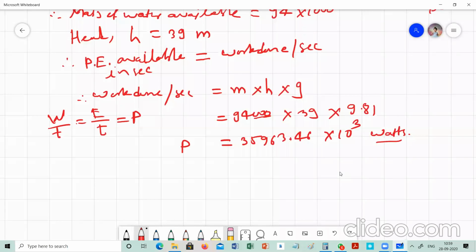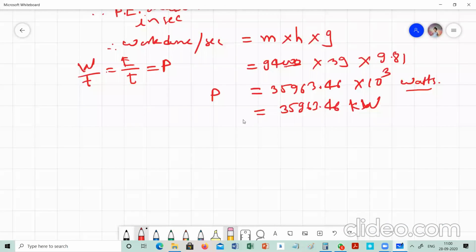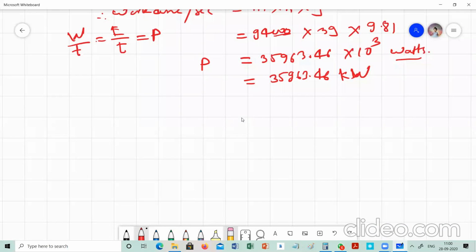So we have input power in watts, and we can convert it into kilowatt: 35,963.46 kilowatt. Now we have input power.